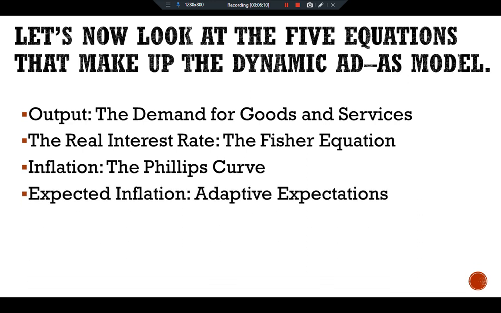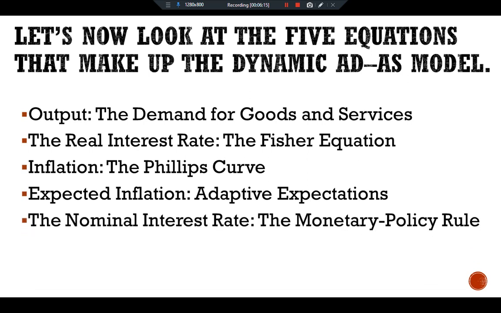Fourth, expected inflation, adaptive expectations. Fifth, the nominal interest rate, the monetary policy rule. So let's discuss the details of these five equations that make up the dynamic aggregate demand and supply model.